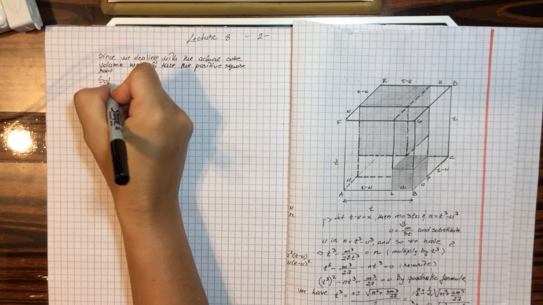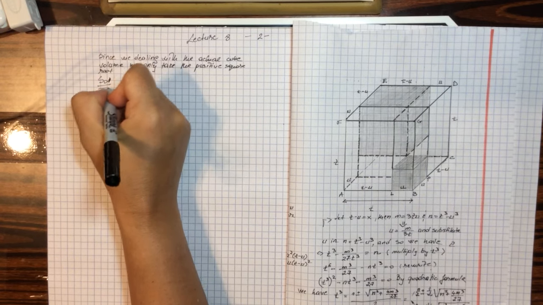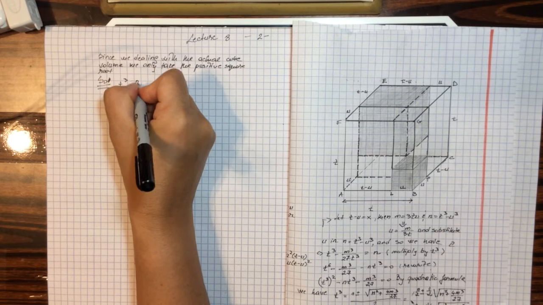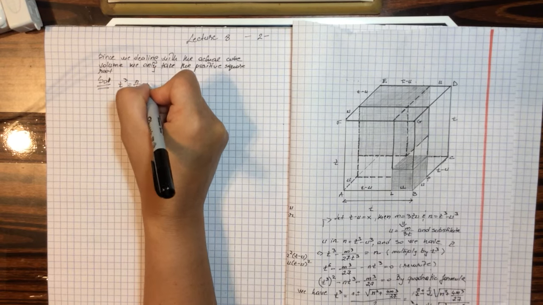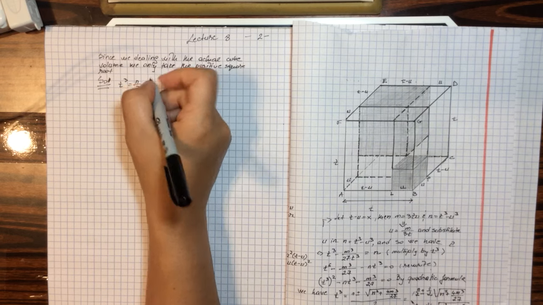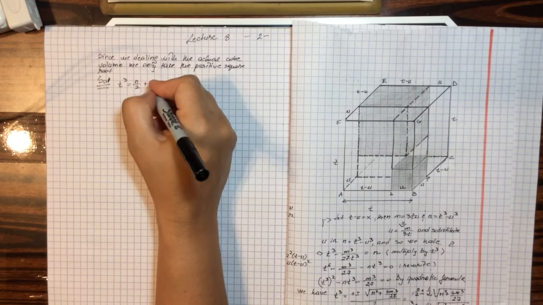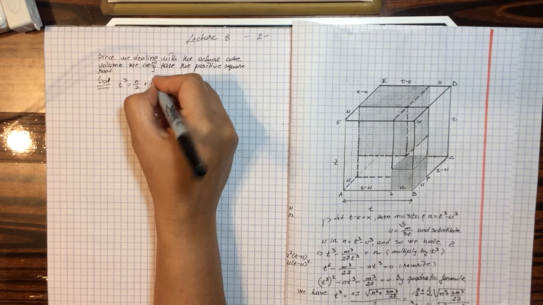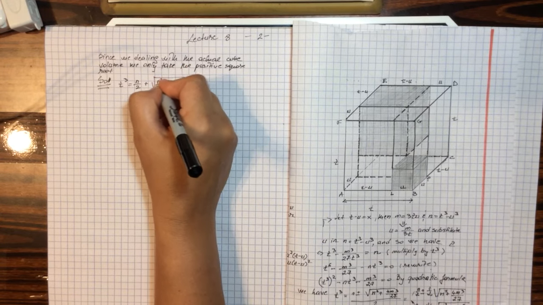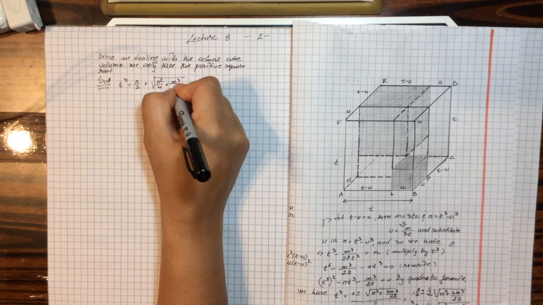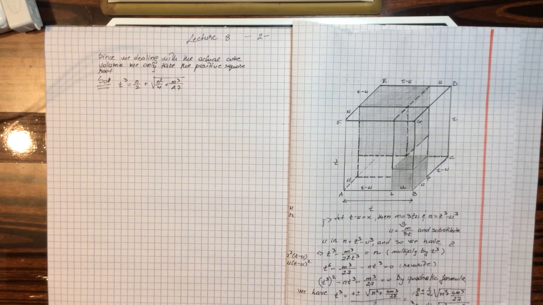So we have the following: t to the 3rd equals n over 2 plus, here we only take the positive value, plus the square root of n to the 2 over 4 plus m to the 3rd over 27.